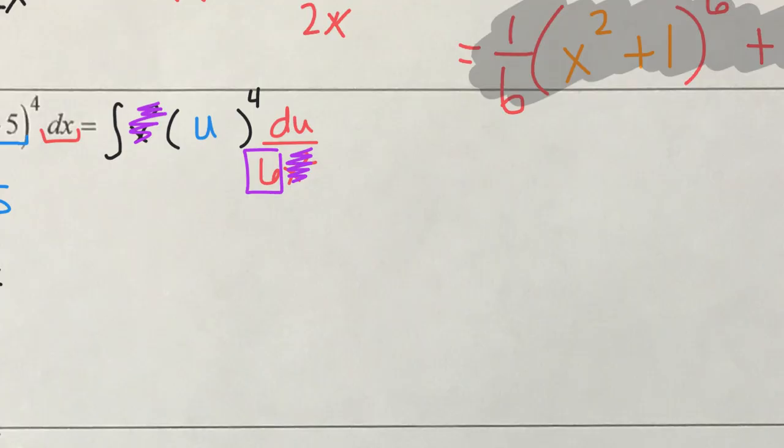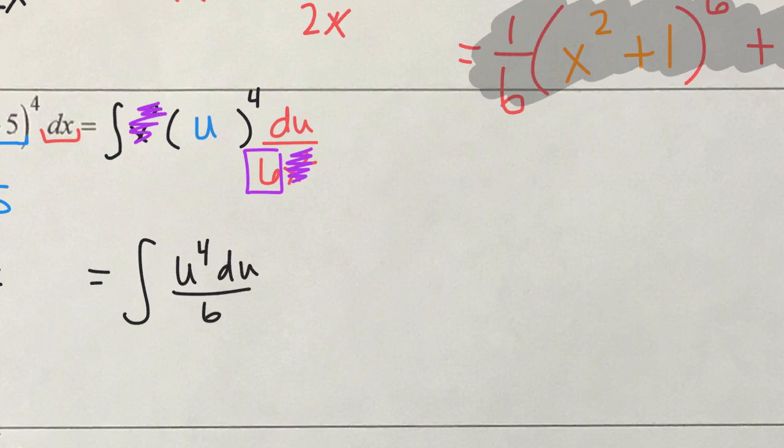So let's go back and let me rewrite this now. We have the integral of u to the 4th du all divided by 6, because it's multiplication. So we multiply the du on top, we divide everything by 6. To make this simpler, divided by 6 is a constant, so we're going to pull that out to the front by multiplying the integral by 1/6.